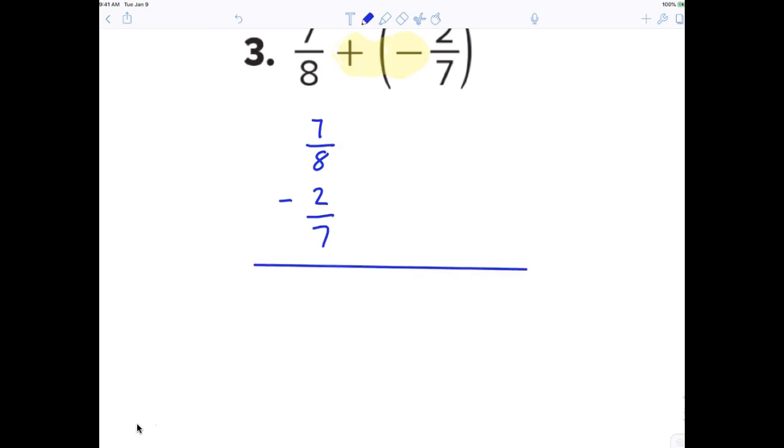All right. Now, common denominator is what? Say, what is it? 56. All right? It's just 56. Now, I can multiply 8 times 7 and feel confident with that because 8 and 7 are relatively prime. That means they have no common factors.